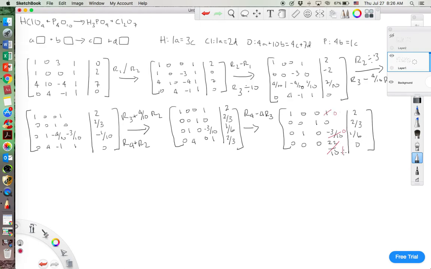In the next step, we'll add to R3 3/10 times R4. 3/10 times 0 is still 0, so this remains unchanged. That'll change to 0. Nothing else will change because these are all zeros. And finally, we'll get rid of this one by simply subtracting R4 from R1. 2 minus 0 is still 0, and so nothing else changes.